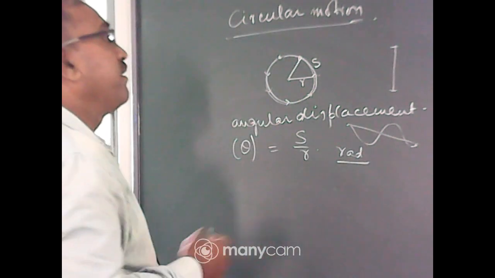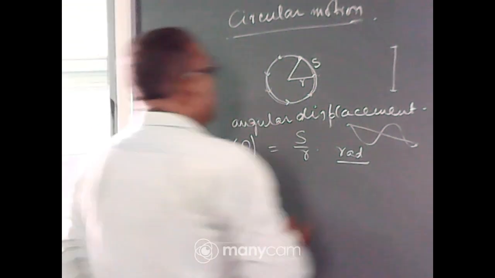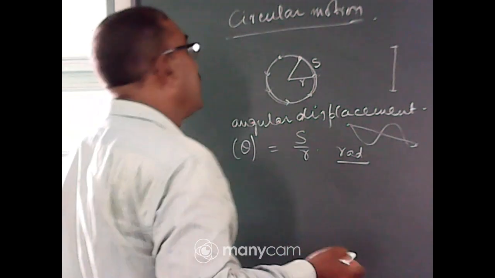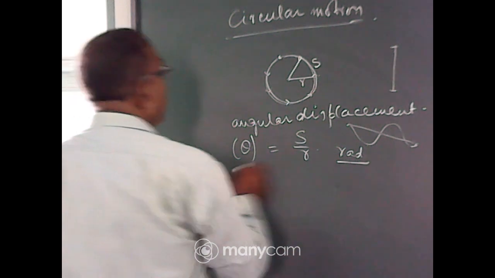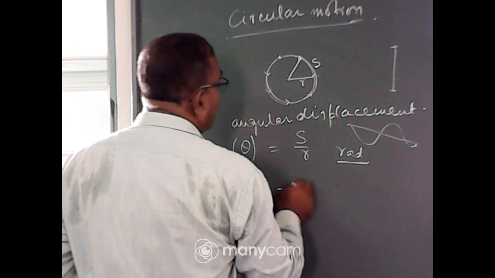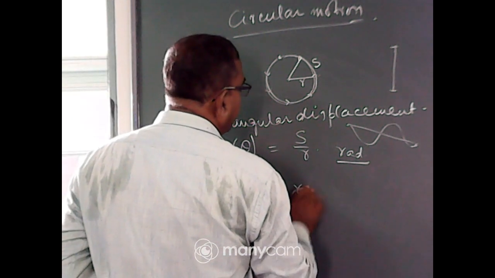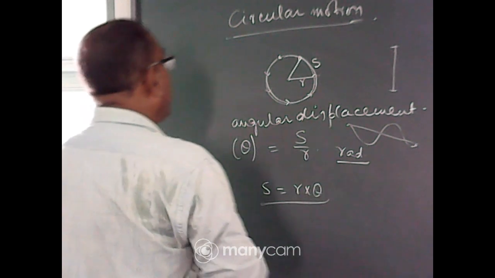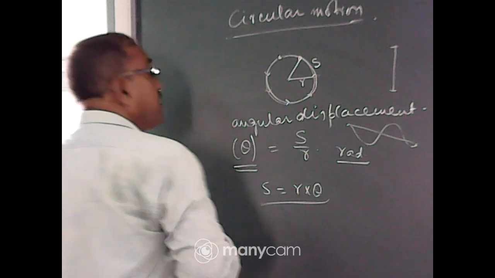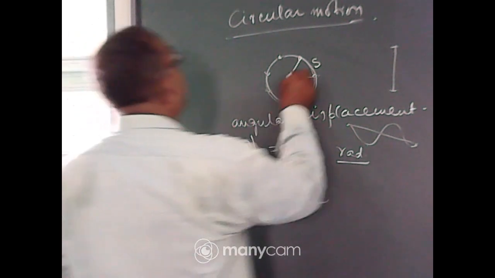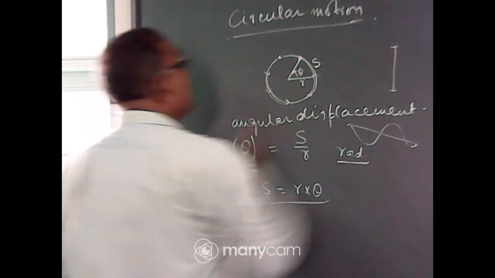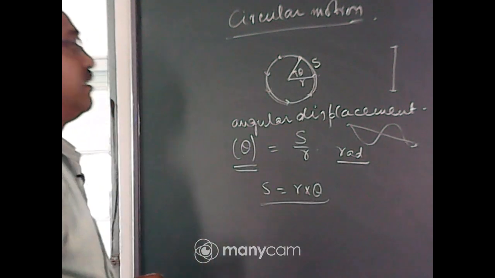You know the radian, degree, and grade, so many correlated units for the measurement of angle. So theta equals s by r, s equals r into theta. This is the angular displacement, the displacement you measure with the protractor.